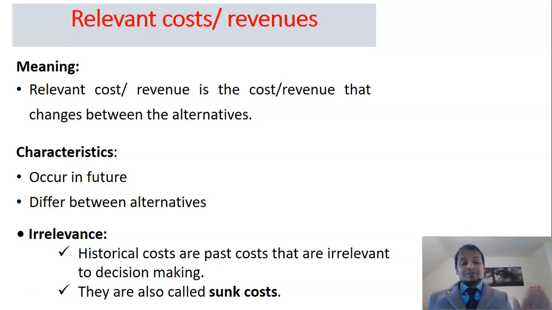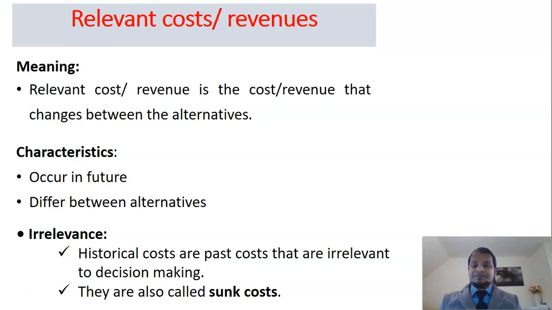If we buy, we don't need factory operations. We can buy and then sell, no factory operations. But if we make the product, we need the production manager's salary, factory rent, or other variable expenses. So the cost changes between the alternatives. In that case, the cost is relevant.